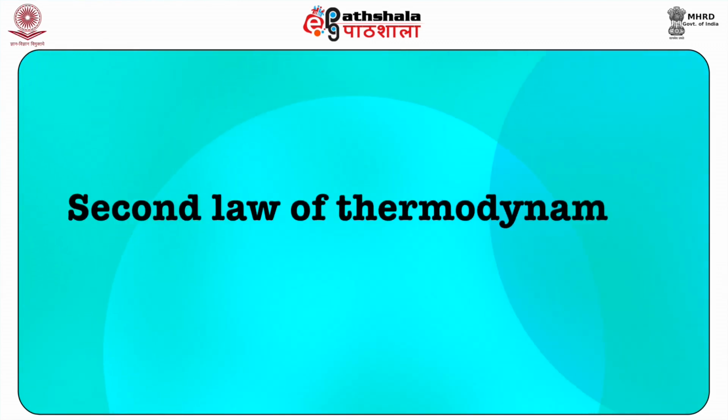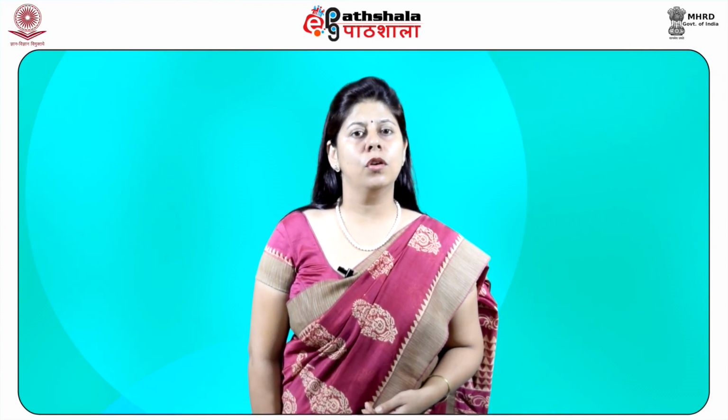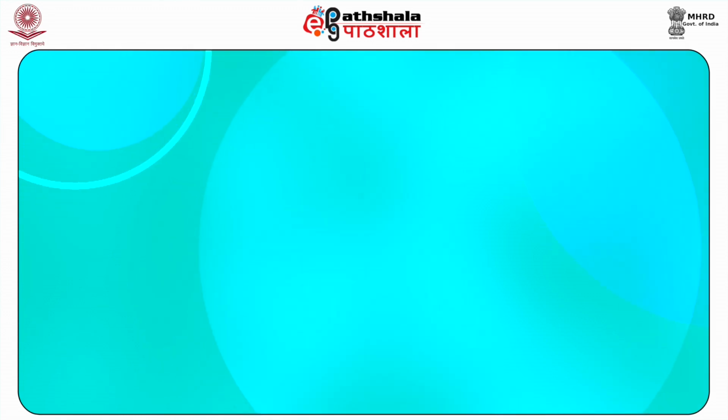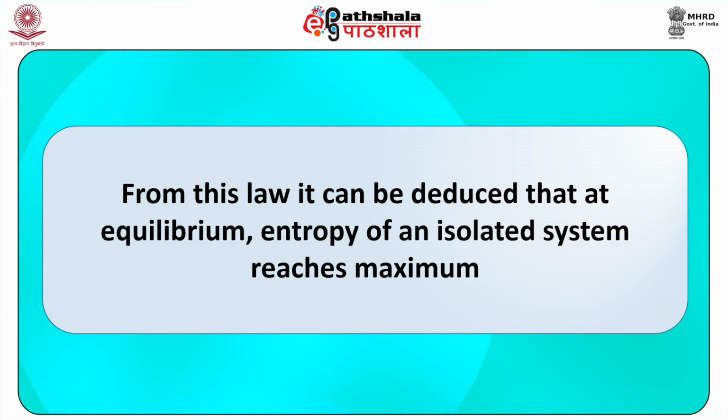Now let us see the second law of thermodynamics. The second law of thermodynamics forms the most important law in classical thermodynamics, from which the criteria of spontaneity and equilibrium of a system are derived. From this law, it can be deduced that at equilibrium, entropy of an isolated system reaches maximum.